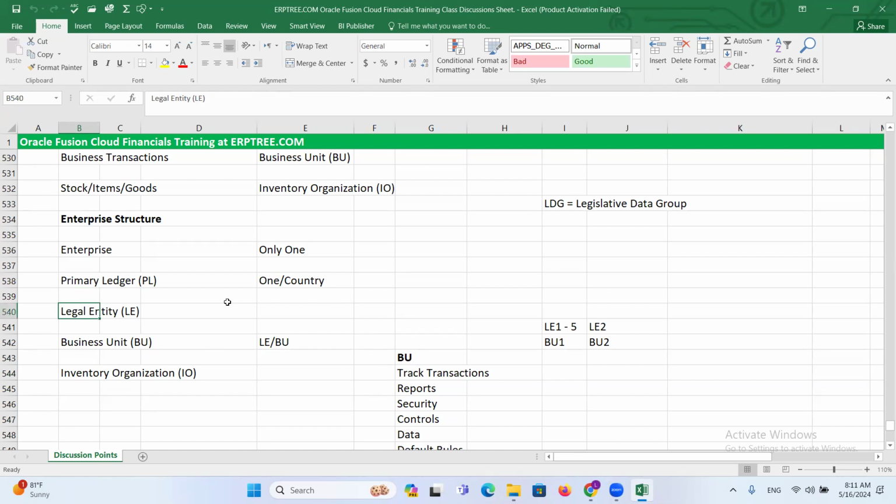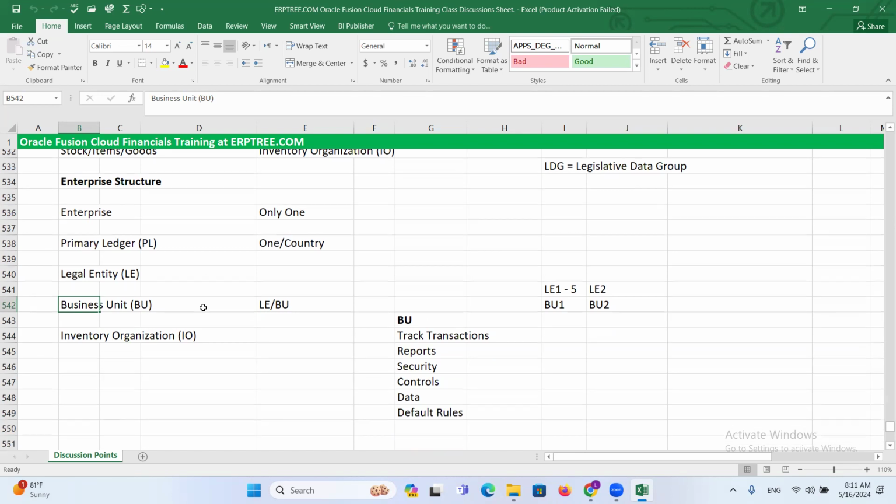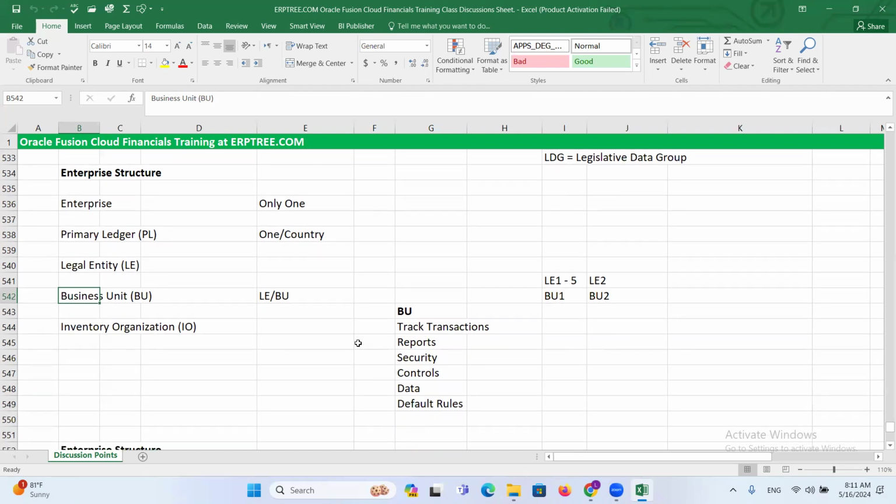Legal entities always depend on the number of registrations the client has, and business unit we already discussed. It could be based on the legal entities, or based on the number of businesses they are doing, or based on the branches which they are operating.